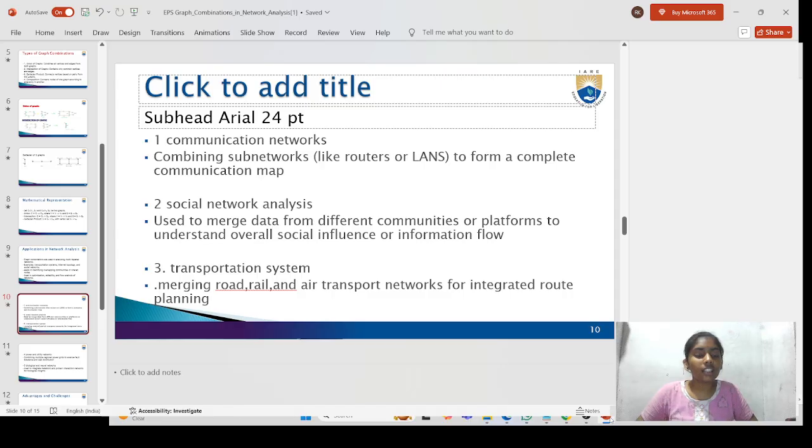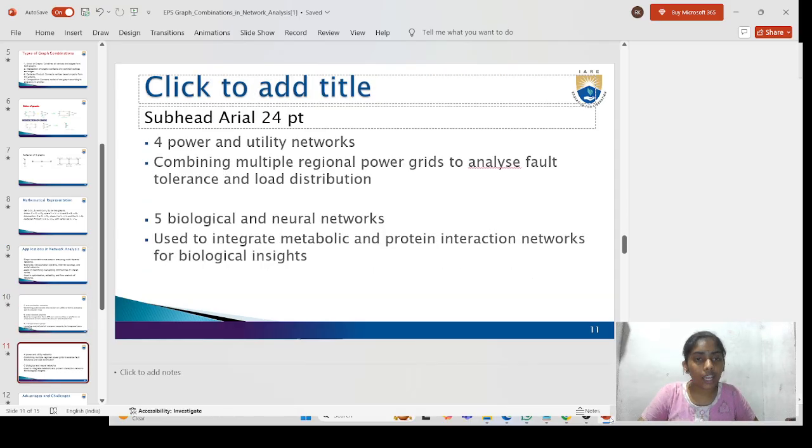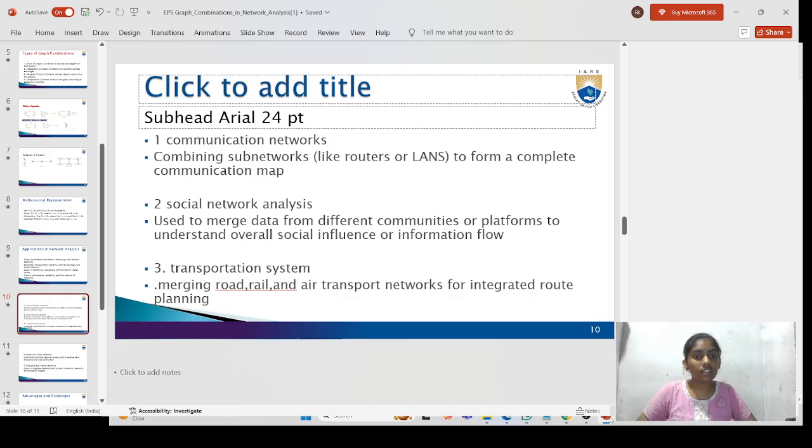So, here there are some applications. There are five applications. First one is communication network. It combines subnetworks like routers or LANs to form a complete communication map. Second one is social network analysis, used to merge data from different communities or platforms to understand overall social influence or information flow.